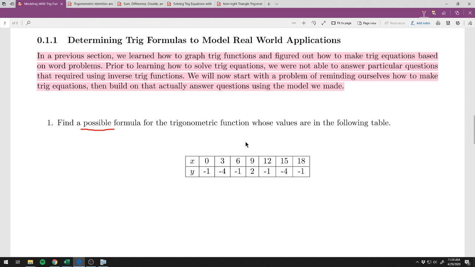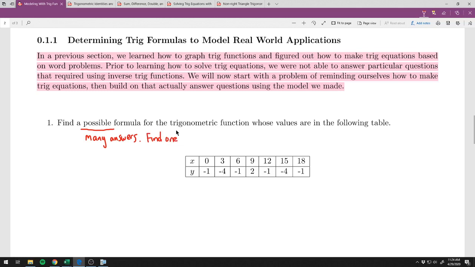When we're thinking about trig functions here, if the two trig functions are the same, if we plug in some number and get out the same number, their formulas can look different, but the function itself is the same. The way we would represent that is looking at the graph overlapping exactly. So the reason why it says possible here is there's many answers to this question. Just like you had with the trig graphs, there's many answers. You want to find one of them.